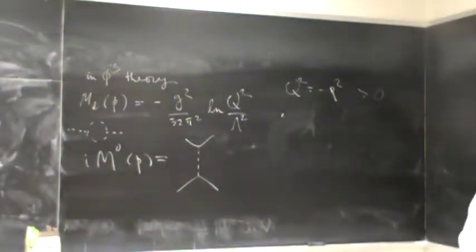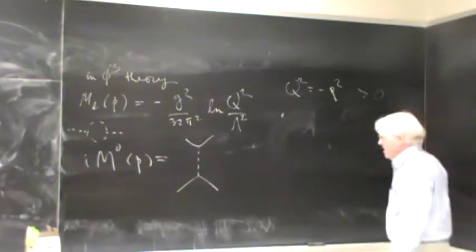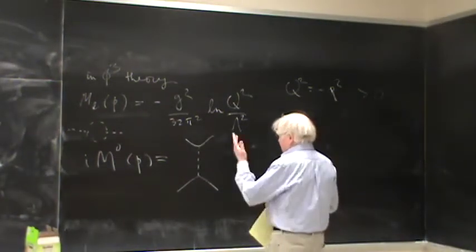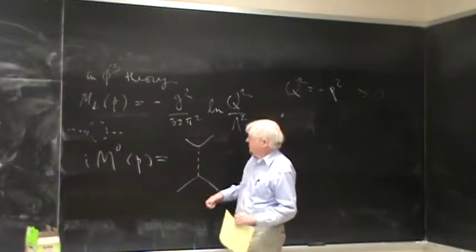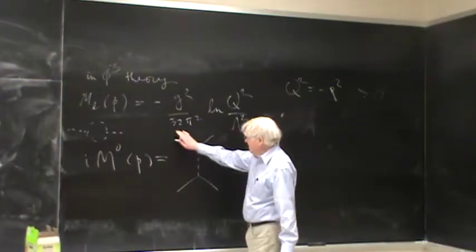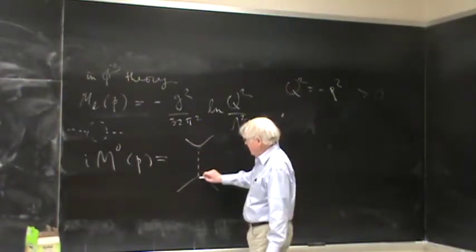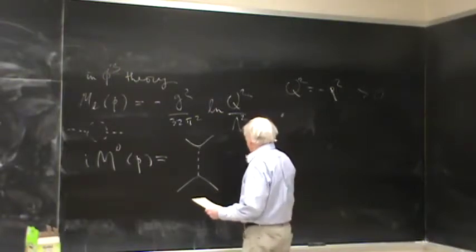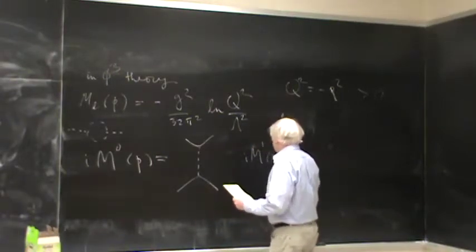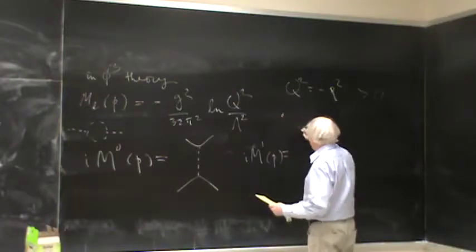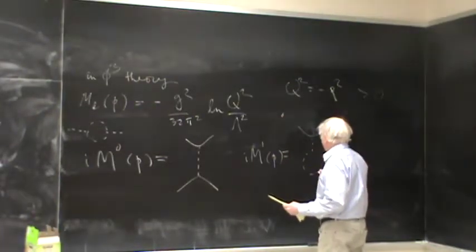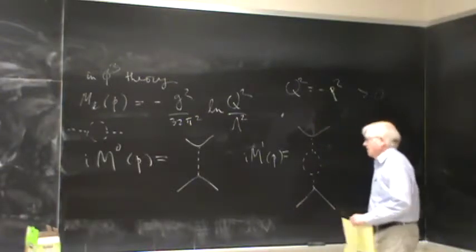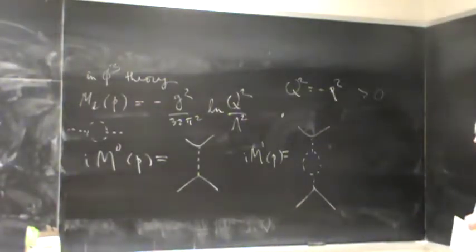In other words, the corrections to the Coulomb potential. But here we're still in scalar phi cube theory, and so we imagine some particle goes along, the phi cube goes across, and then the one loop correction to that process would be the one that we were just computing last time.